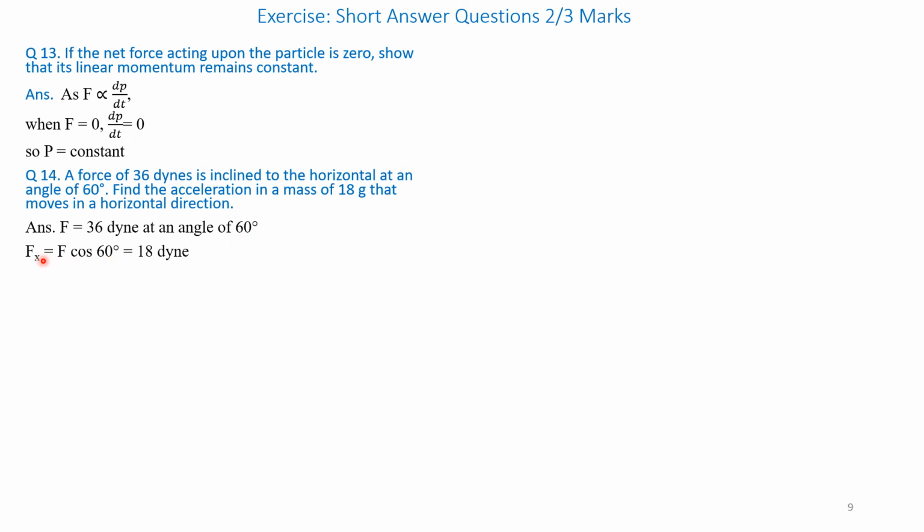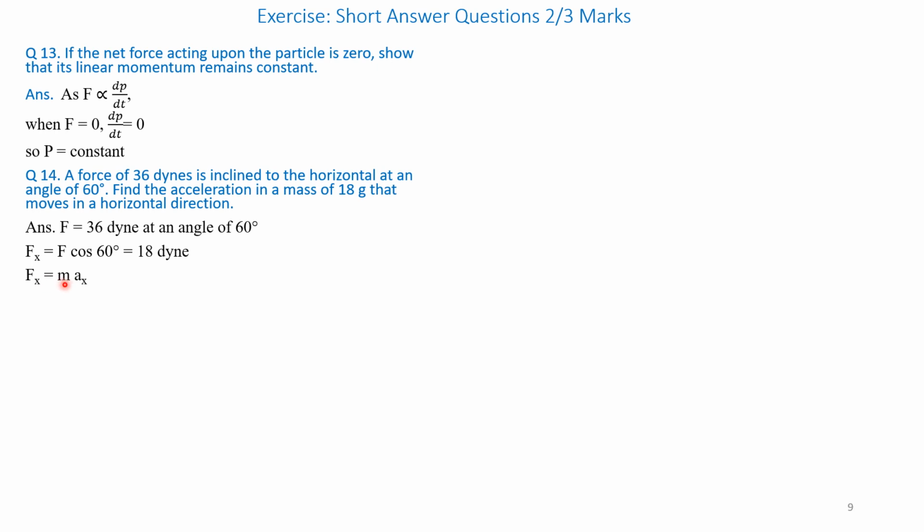Therefore, Fx, that is the force along the x-axis, is equal to F cos theta, that is F into cos 60. So the value is 18 dynes, because cos 60 is half. So, 36 into half is 18 dynes.